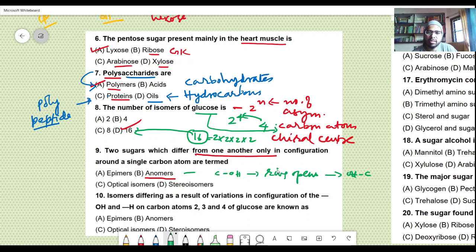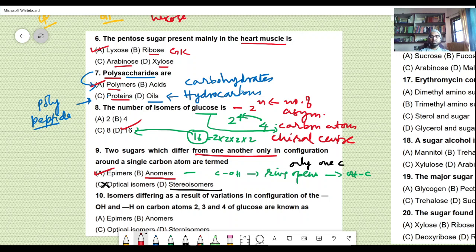That's an isomer, and it is connected with only one carbon atom. Then you have optical isomers and stereoisomers, which are mirror images that are superimposable or not superimposable. So here you have the epimers as the right answer.